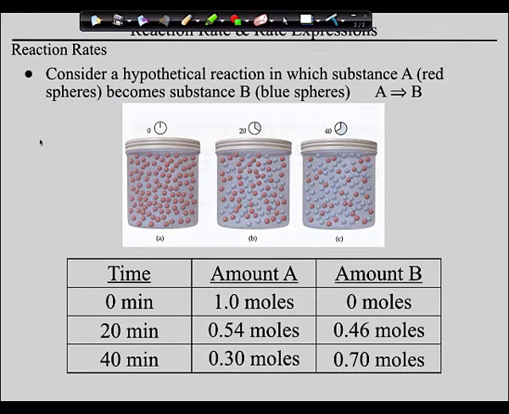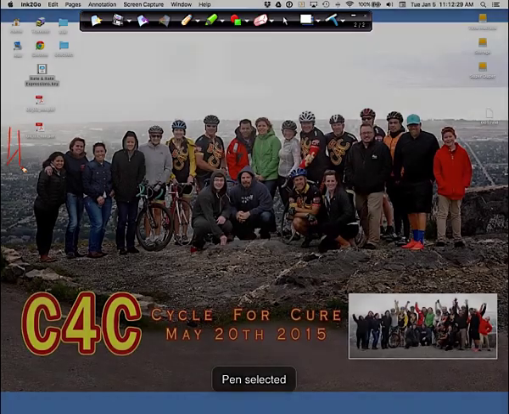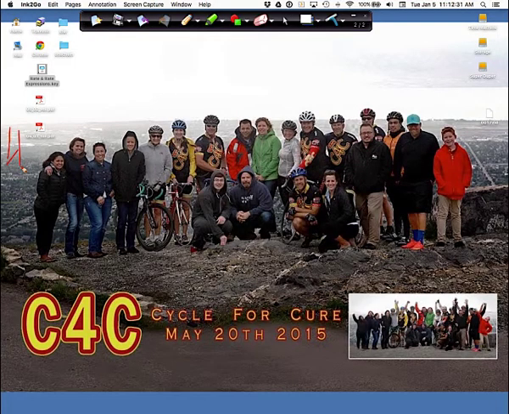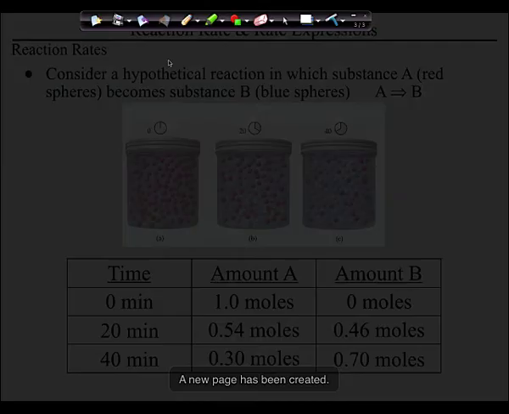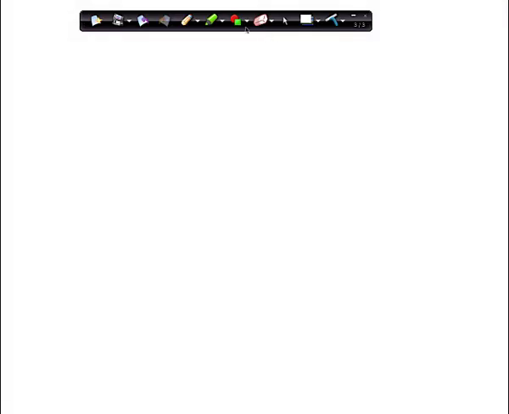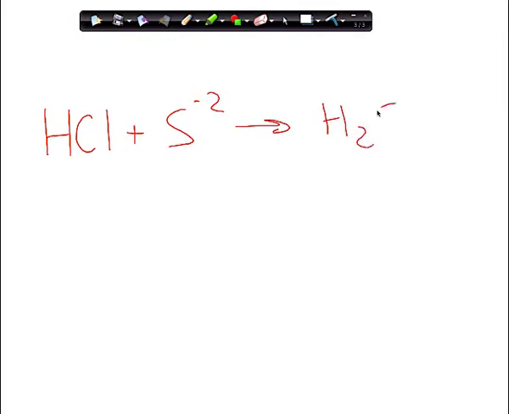But if you've got a reaction like the one we talked about, let's just do HCl plus, I'll just put sulfide here. It could be Na2S. So we end up with H2S forming, which is a gas, right? So given this, tell me what you're thinking.